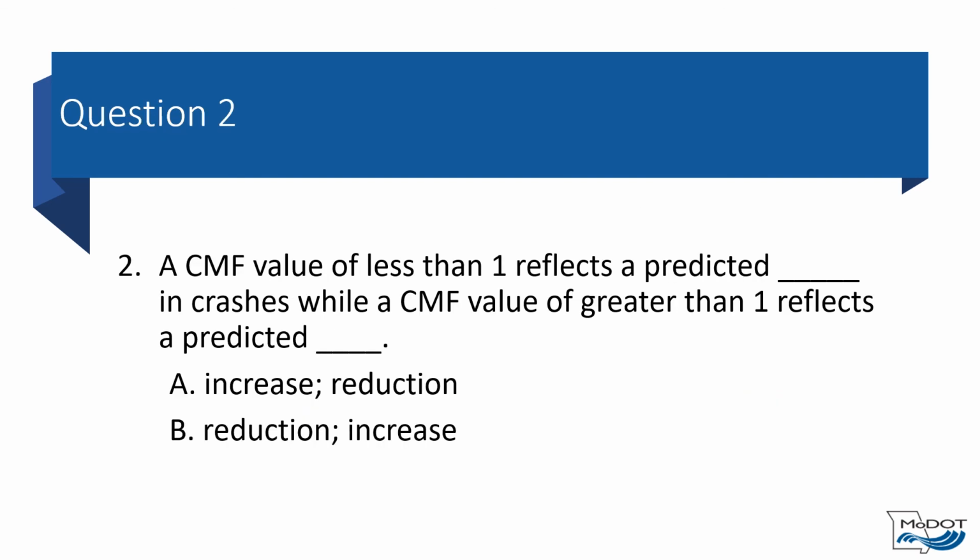Question 2. A CMF value of less than 1 reflects a predicted what in crashes, while a CMF value of greater than 1 reflects a predicted what? A. Increase, reduction. B. Reduction, increase.